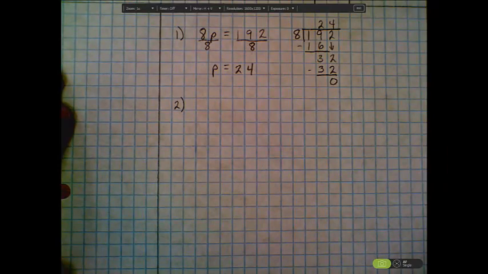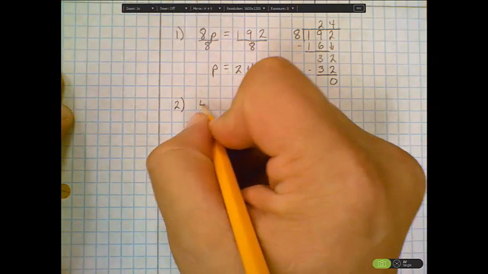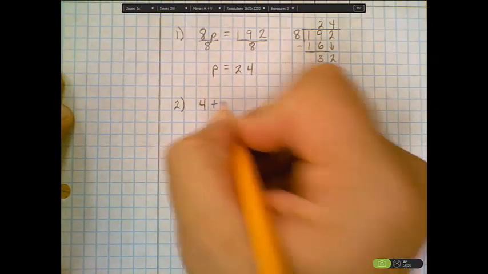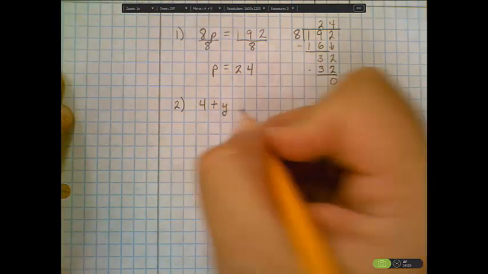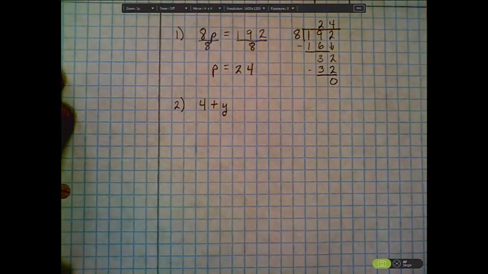Alright, so for the second equation, it says that today he ate 4 more pieces of fruit than yesterday. So we know that 4 more pieces would be 4 plus whatever that value was that he ate yesterday. So we're going to use a y to represent the amount of fruit that he ate yesterday.